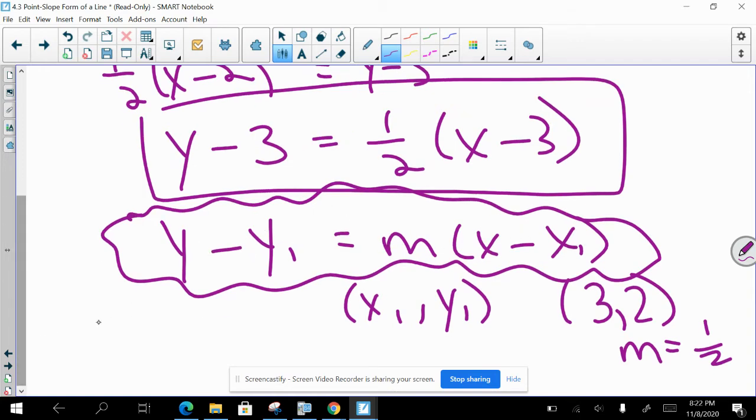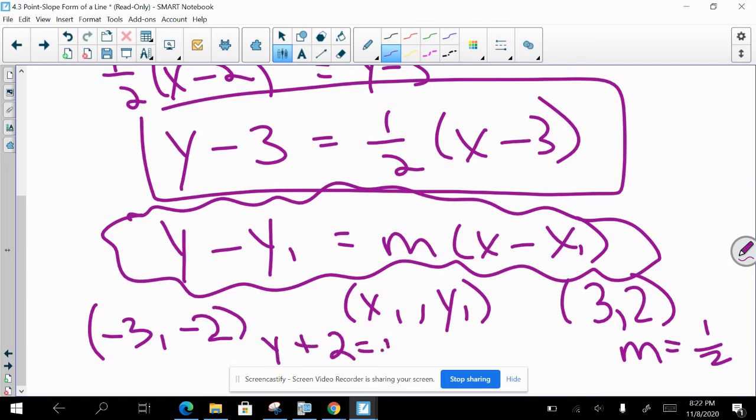So if your point has negative numbers, say -3 and -2, then if you plugged negative in for x, it would be x minus -3, and that would turn into +3. So if ever you see x plus 2 equals 1/2 x plus 3, that means that the 3 and 2 are actually negative in the point.